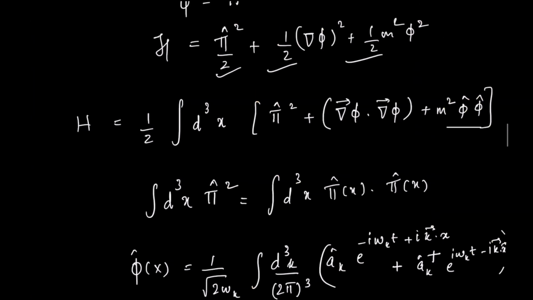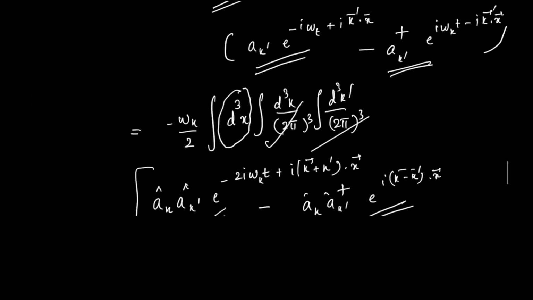Where is my Hamiltonian? Yeah, so the second term of the Hamiltonian also we have integrated. Now I have to integrate the third term. Then I have to add up all these terms to get the total Hamiltonian.